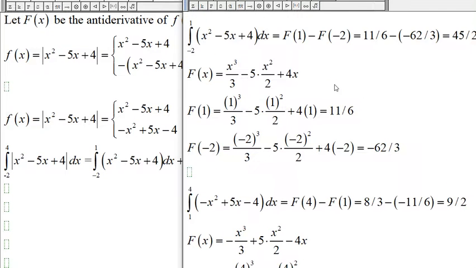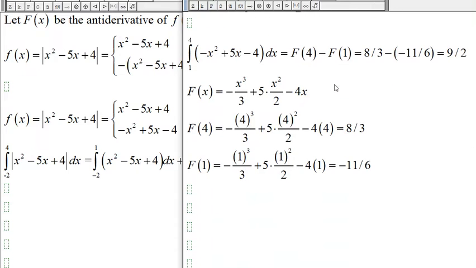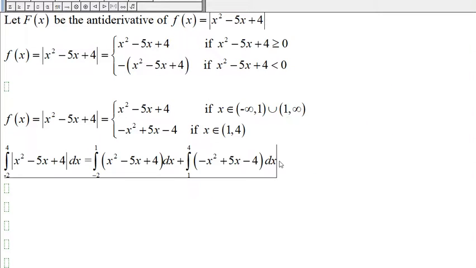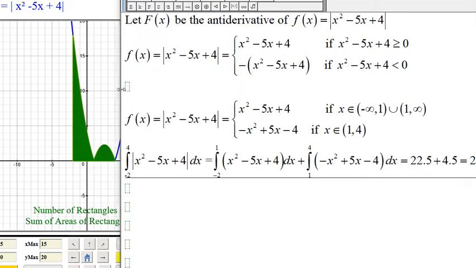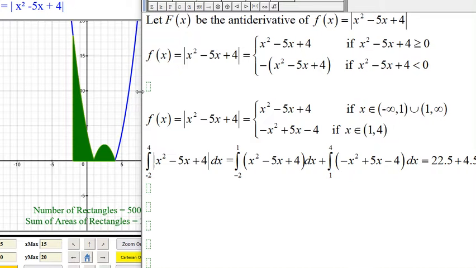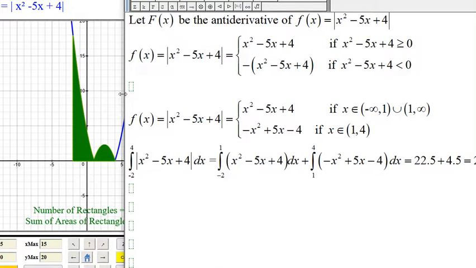So the first integral is 22.5, the second integral is 4.5. And so what that means is that the area for the shaded region, this shaded region is 22.5, and this shaded region is 4.5, and then altogether is 27.